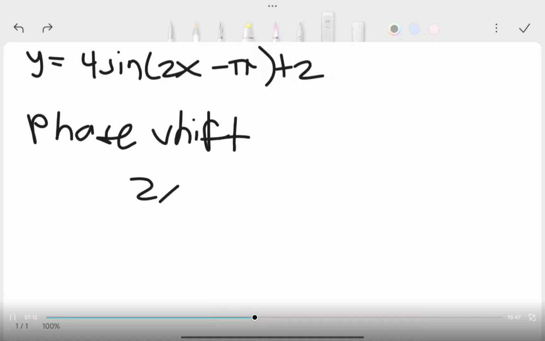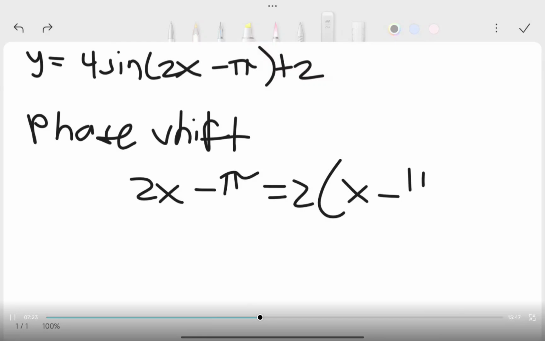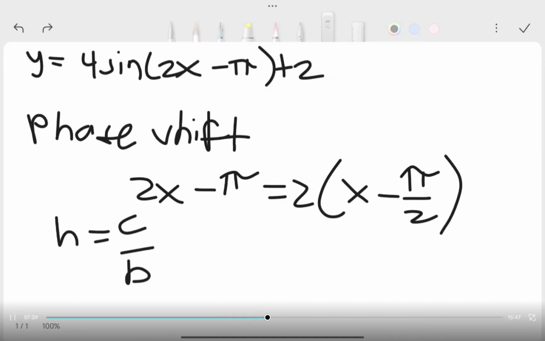So 2x minus pi is equal to 2 times the quantity x minus pi over 2. Because here we use h is equal to c over b, in the form b times the quantity x minus h.